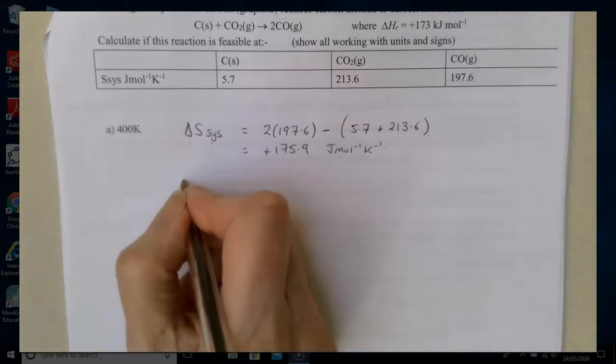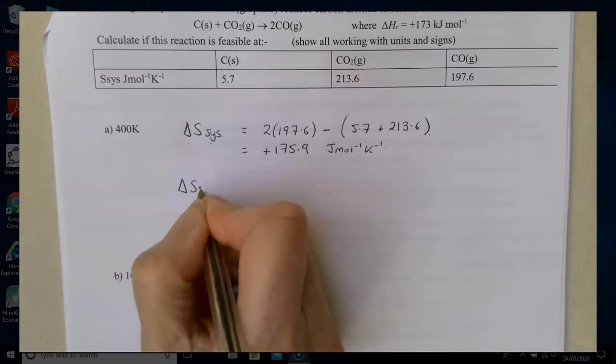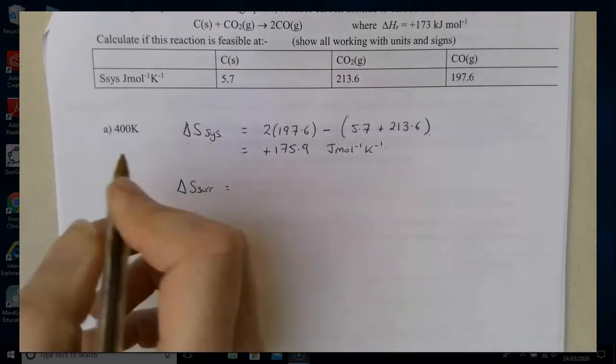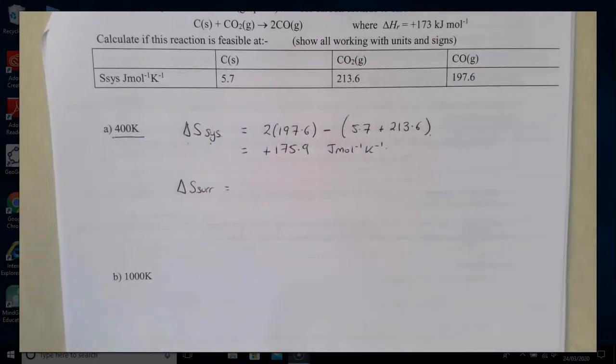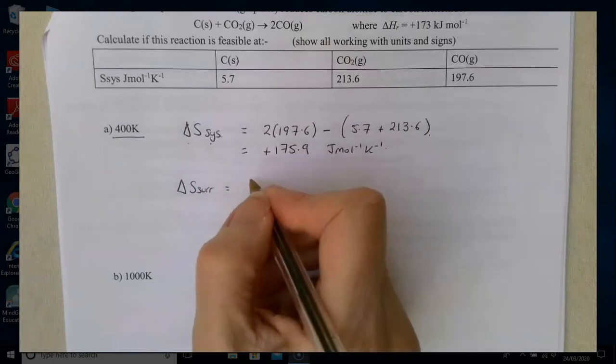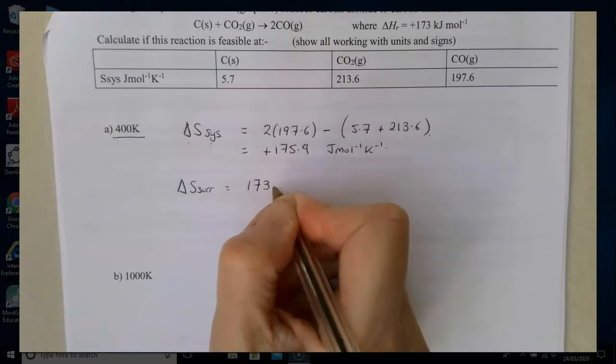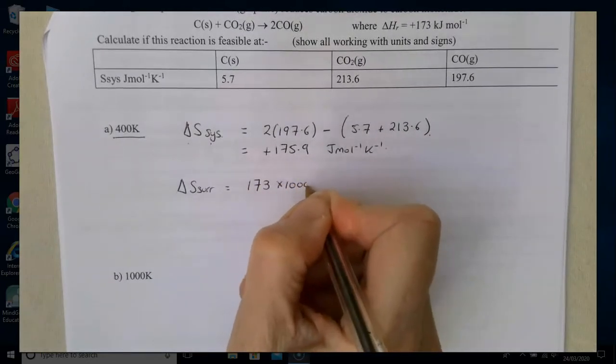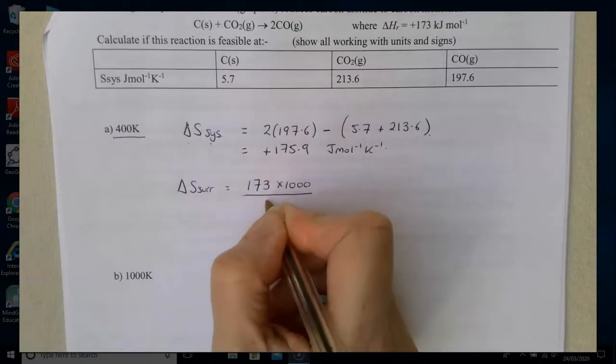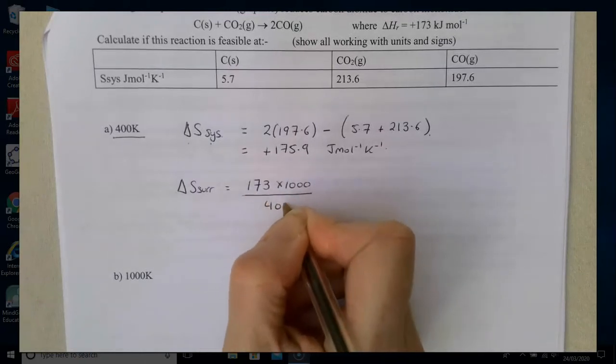So if I work out my delta S surroundings at 400 degrees Kelvin, so remember I've got to do this at 400, it's 173 times 1000 divided by 400 Kelvin.